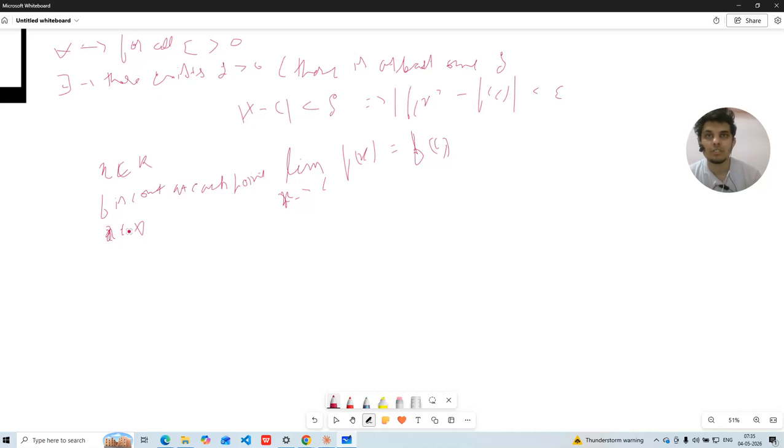If f is a function defined on set X belonging to R and c belongs to X, then the following statements are equivalent.